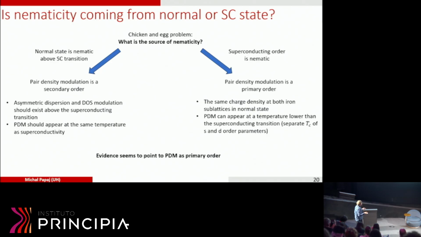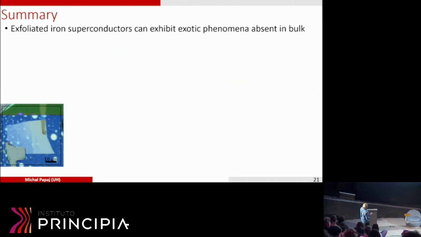So evidence seems to point to this PDM, and there are other aspects that point to this being a primary order, but in any case, those exfoliated flakes are quite new. There are not that many experiments and characterization done on those, because apparently it's extremely difficult to prepare those samples so that they don't degrade, but we need more experiments.